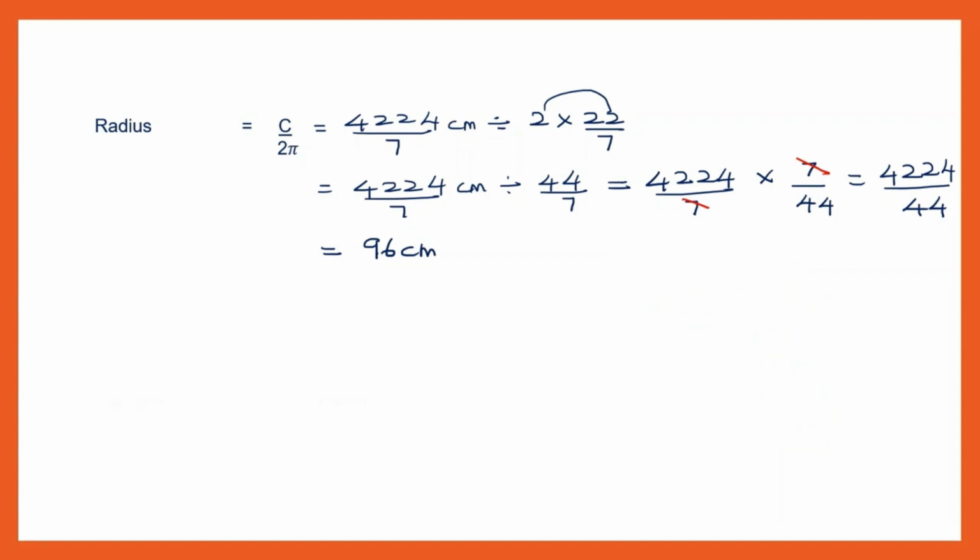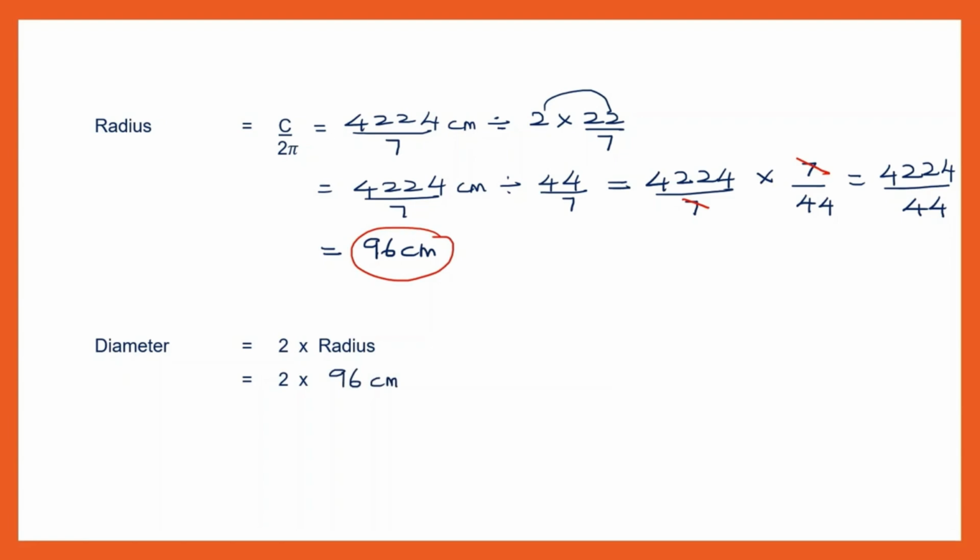Now we can find the diameter. The formula to find the diameter is 2 into radius, so we substitute the value for radius. We found the radius to be 96 centimeters. So 2 into 96 centimeters.